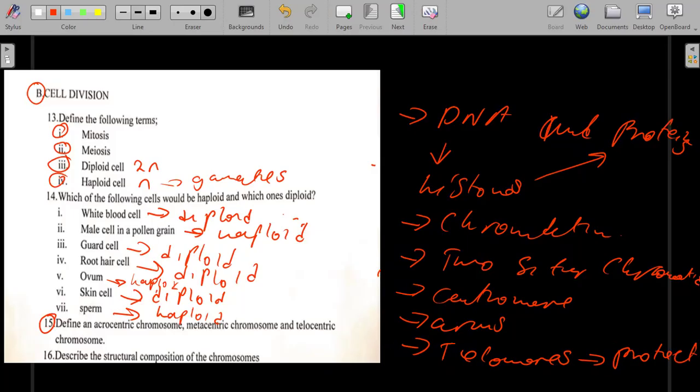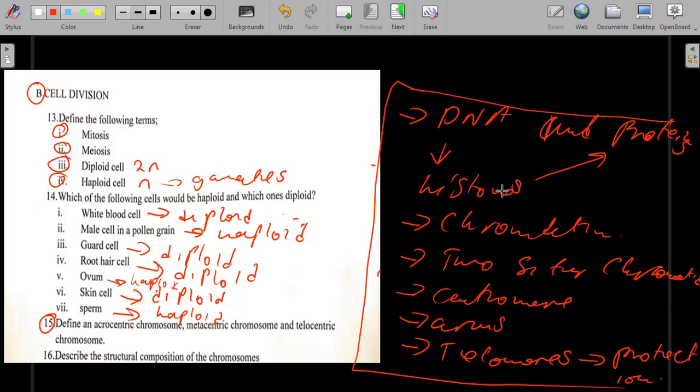So that's what a chromosome is composed of. This is the composition of your chromosome: you have DNA and proteins, which are histones, you have chromatin, two sister chromatids, a centromere, arms and telomeres.